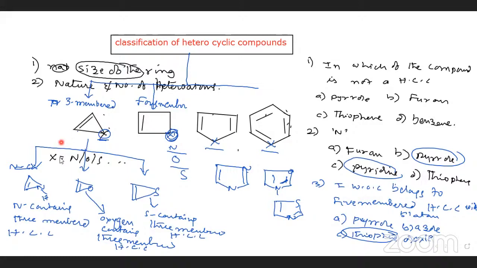In terms of nature, instead of heteroatom, we can mention nitrogen, oxygen, sulfur: nitrogen containing 3-membered, oxygen containing 3-membered, and sulfur containing 3-membered systems.